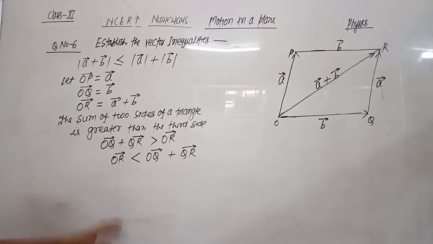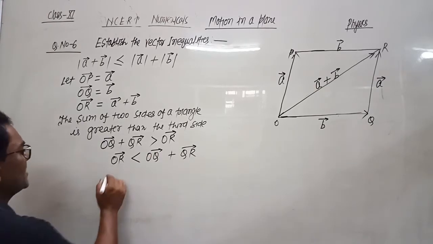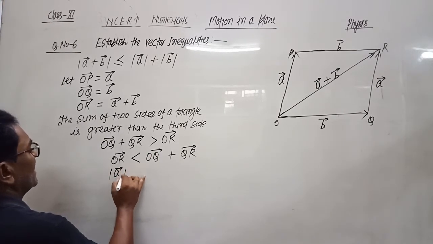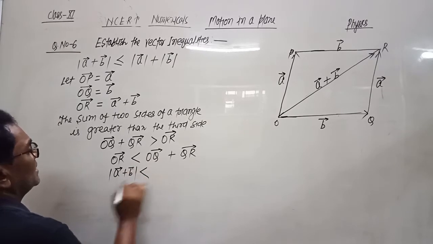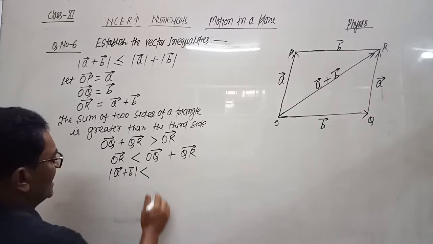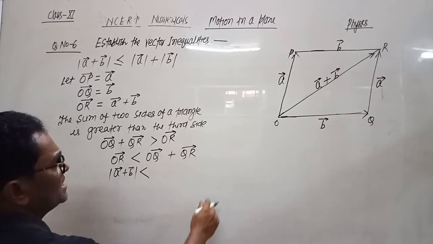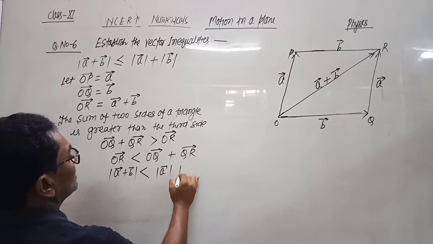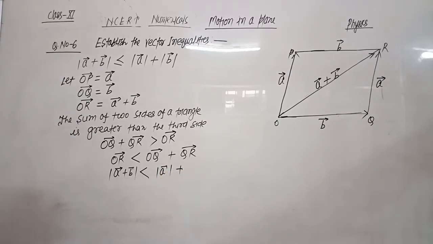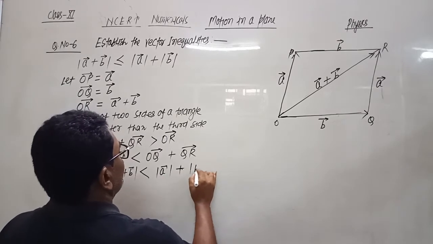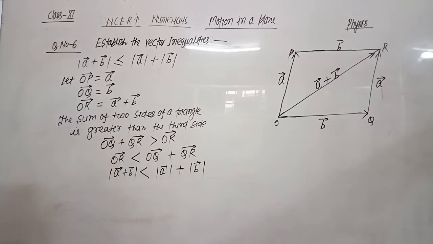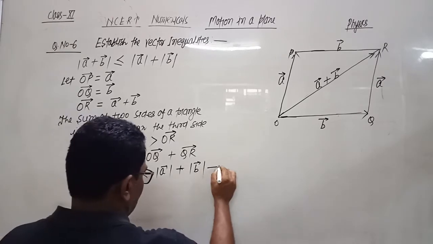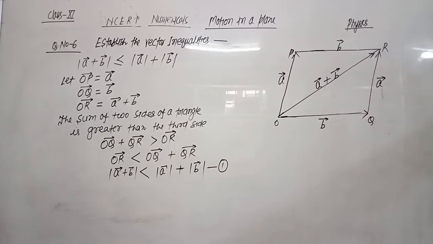In magnitude, OR is written as magnitude of A plus B, which is less than OQ in magnitude, written as magnitude of B, plus QR, written as magnitude of A. So magnitude of A plus B is less than magnitude of A plus magnitude of B. Name it first equation.